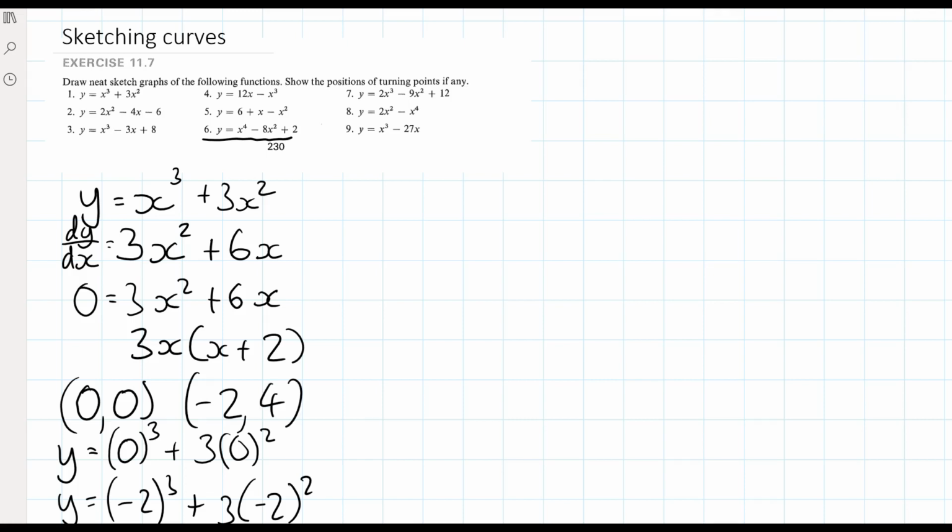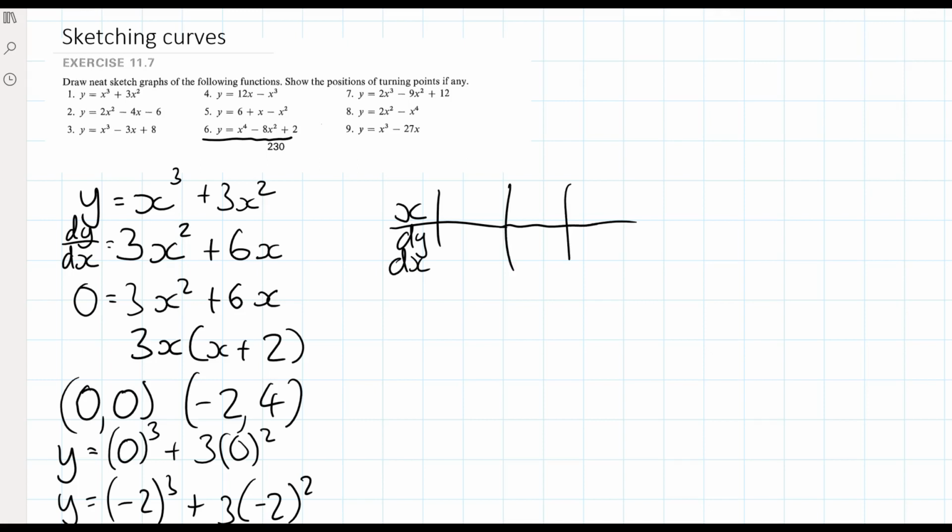Okay. Now I also want to find out if they are maximums, minimums, or points of inflection. To do that, I'll look at what the derivative is doing around those points. So I put them into a table. x, and then dy/dx underneath.